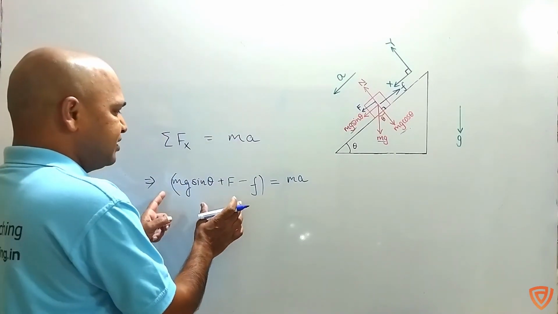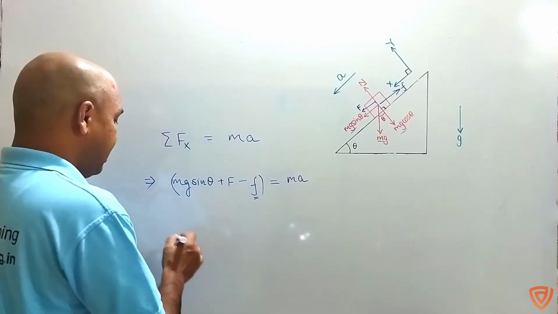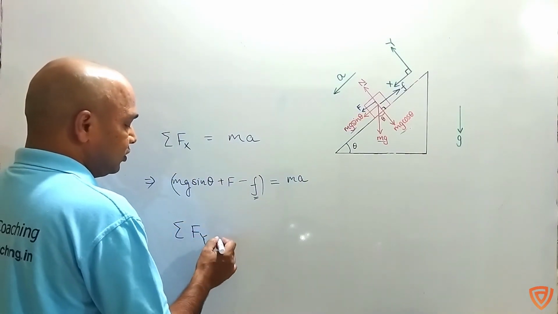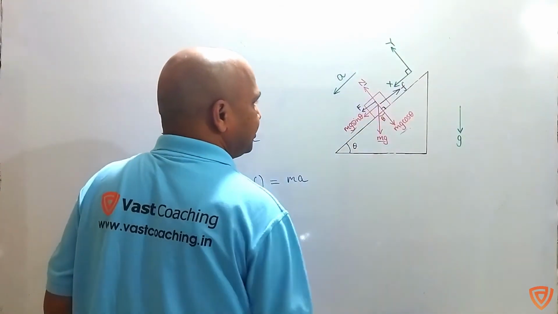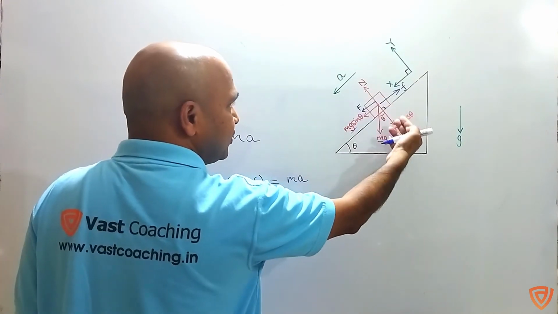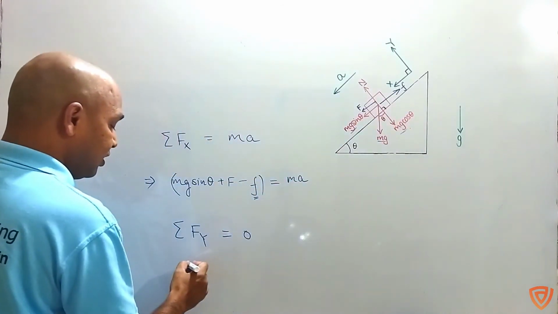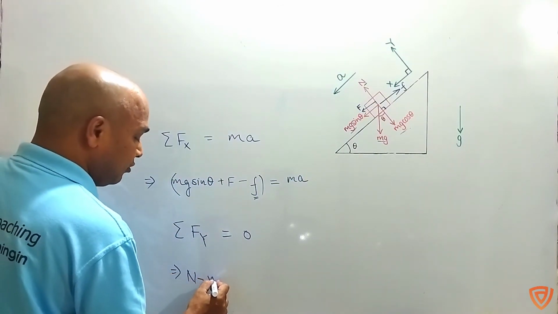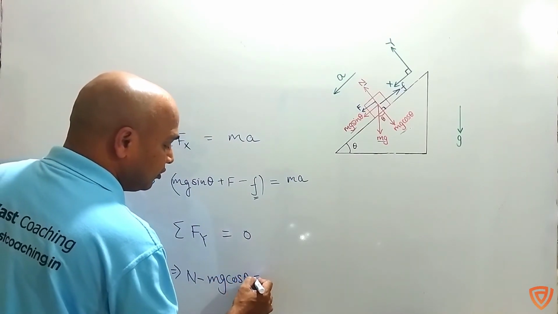So this is how we consider external forces and friction forces. This is your friction force. And for sigma Fy, which is 0, there is no movement in the y direction. That still remains unchanged. There is no additional force here. Still the same forces, N and mg cos theta. So N minus mg cos theta is equal to 0.